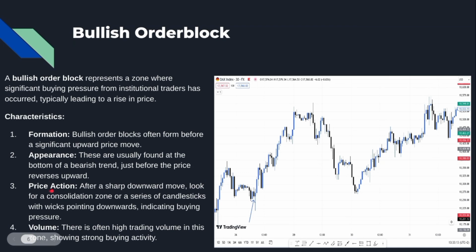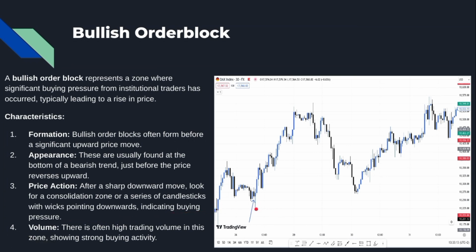So number 3, price action. After a sharp downward move, look for a consolidation zone. As you can see, we have this mini consolidation zone over here, as well as here a 3 candlestick consolidation zone, or a series of candlesticks with wicks pointing downwards. So we have 1 wick pointing downward here, and here we have 3 wicks pointing downward, indicating buying pressure.